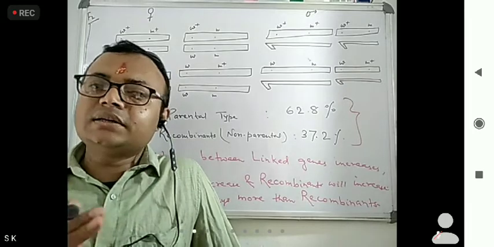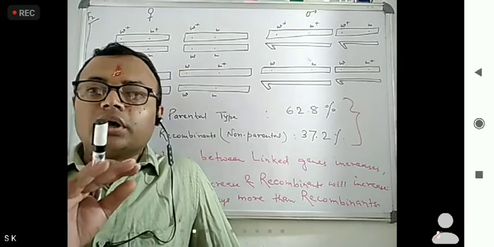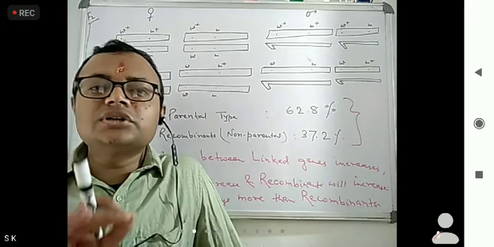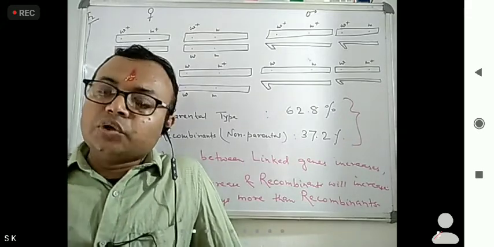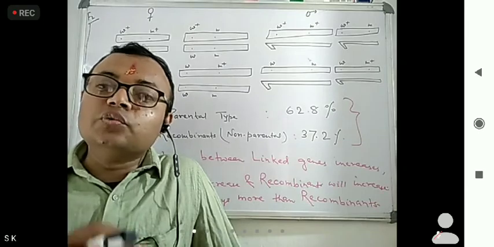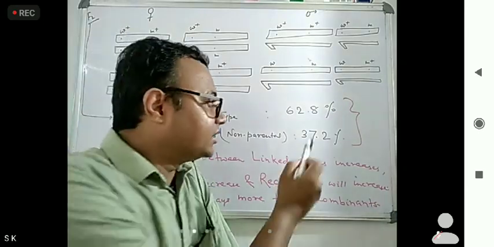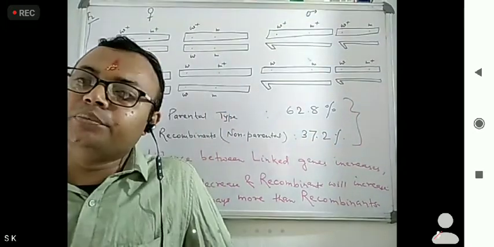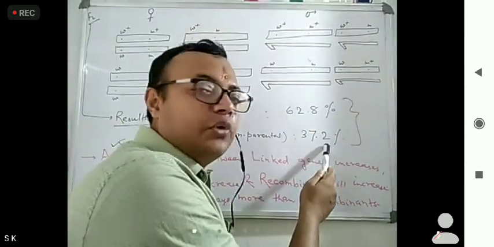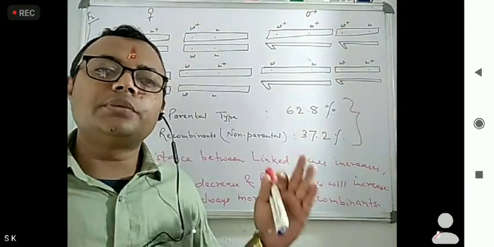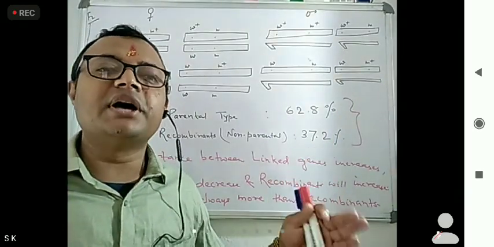Another cross he took with two characters, eye color and wing size. In that, parental type was 62.8% and recombinants was 37.2%.